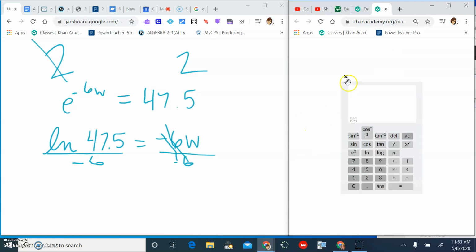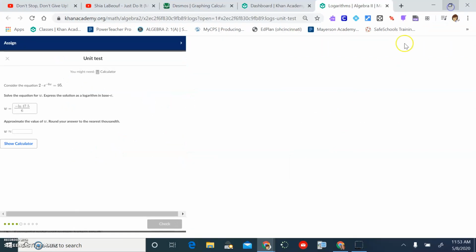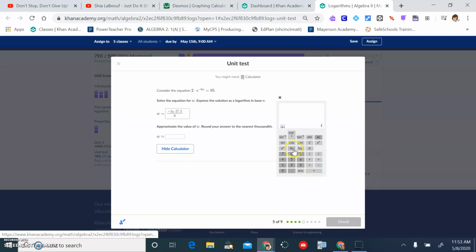Now I'm going to type this in the calculator, and you can use Desmos or the calculator in Khan Academy. So show calculator. I need negative natural log of 47.5, parentheses, divided by 6.